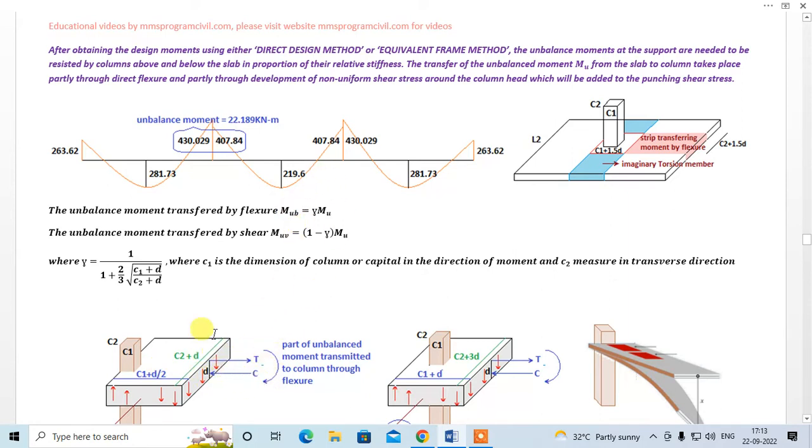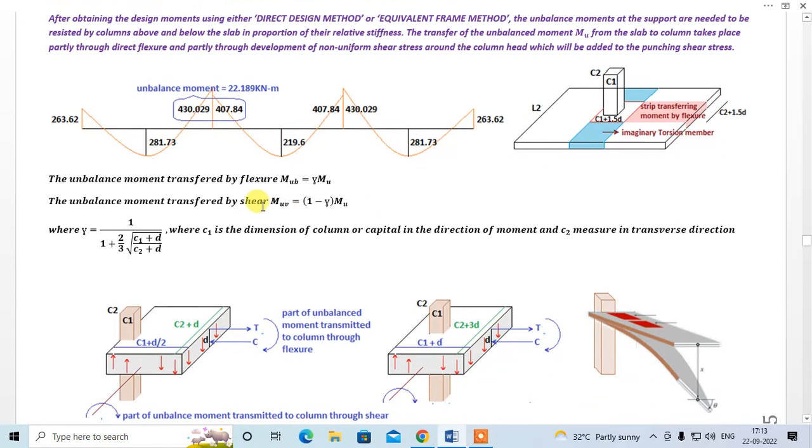Now the remaining balance moment is transferred by shear, that is 1 minus lambda into Mu is transferred by shear, right? So we know this portion is assumed to be supported on this imaginary torsion member. This moment is a twisting moment for this imaginary torsion member.